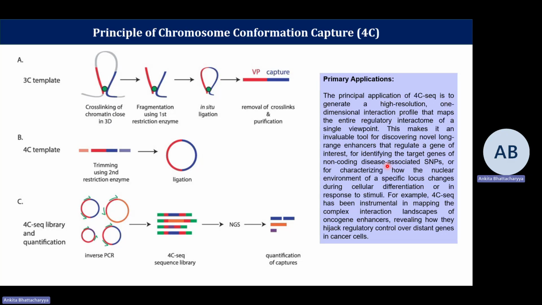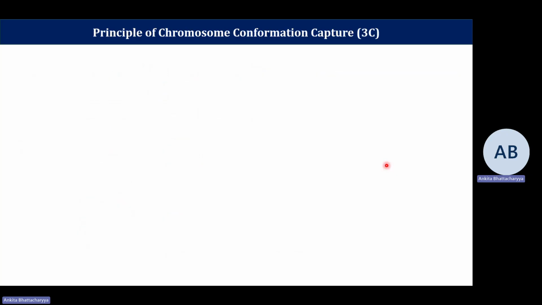For example, 4C-seq has been instrumental in mapping the complex interaction landscapes of oncogenic enhancers, revealing how they hijack regulatory control over distant genes in cancer cells.